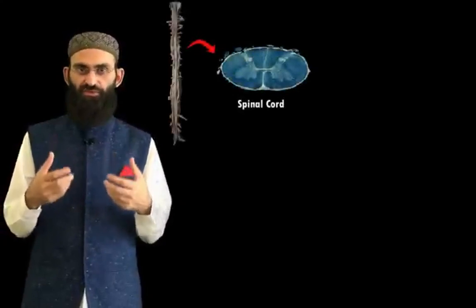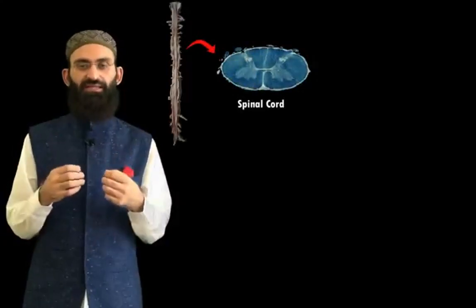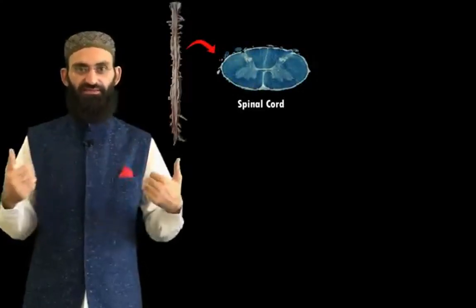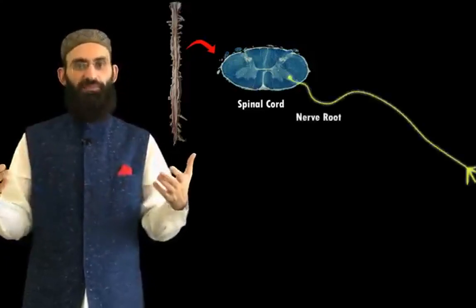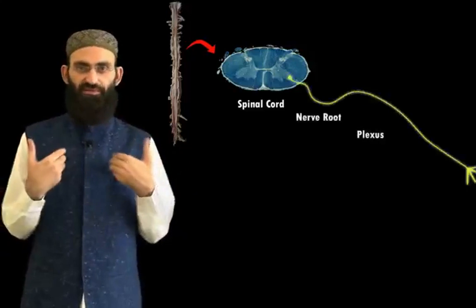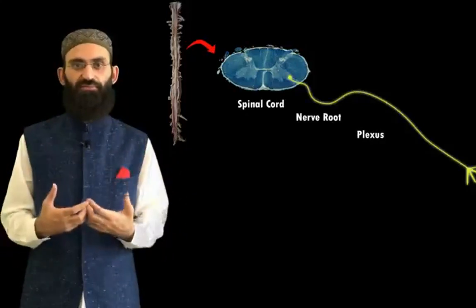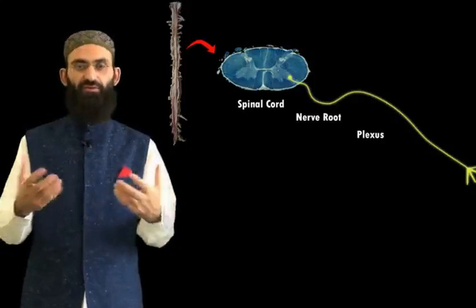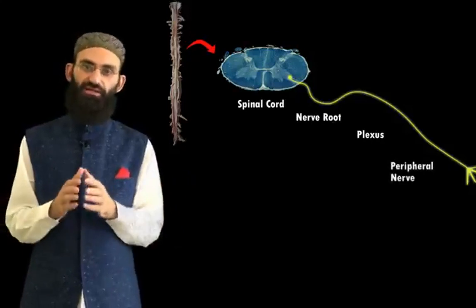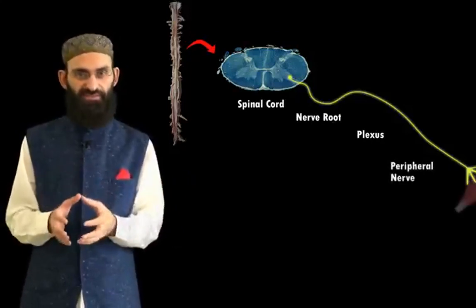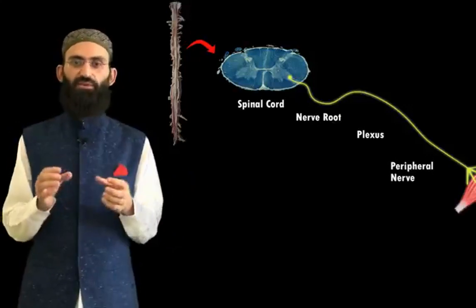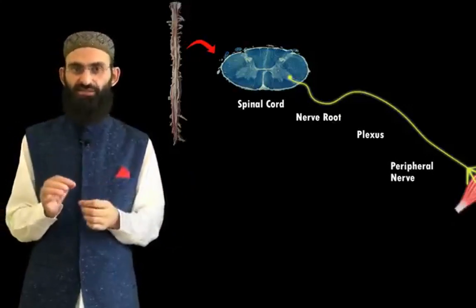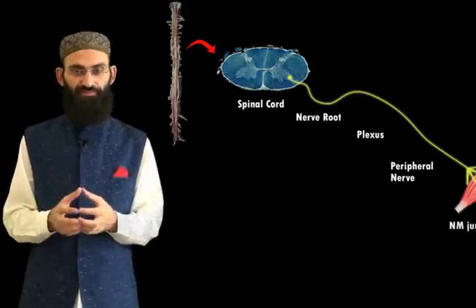These lower motor neurons send their axons through spinal roots to spinal nerves and plexuses, like the brachial plexus in the upper limb and lumbar plexus in the lower limb, and then form peripheral nerves that innervate groups of skeletal muscles. Nerve fibers in these peripheral nerves innervate skeletal muscles through the neuromuscular junction.